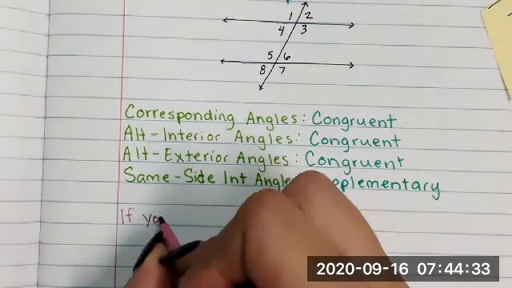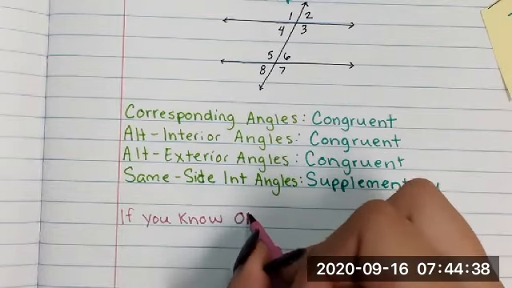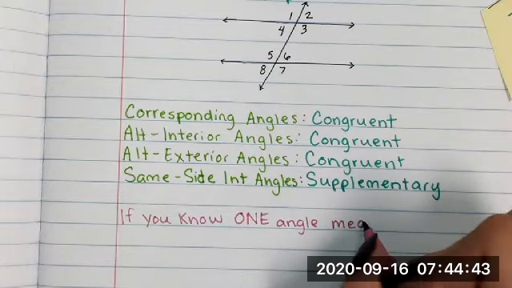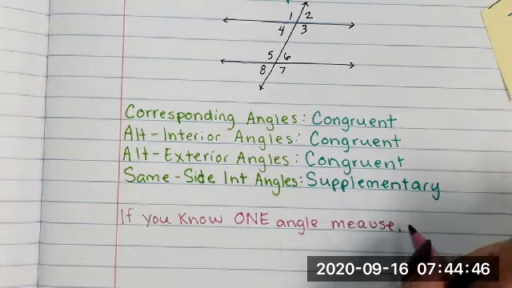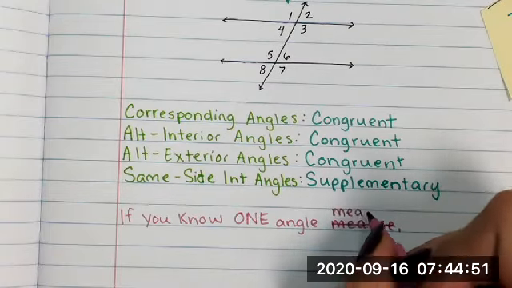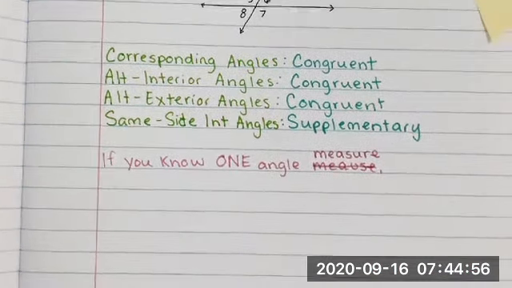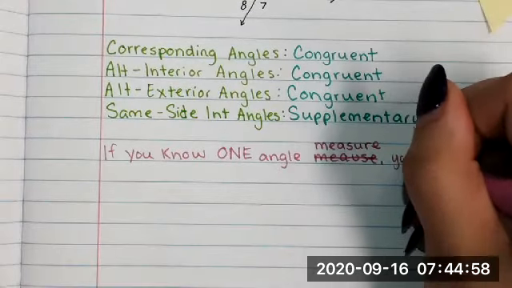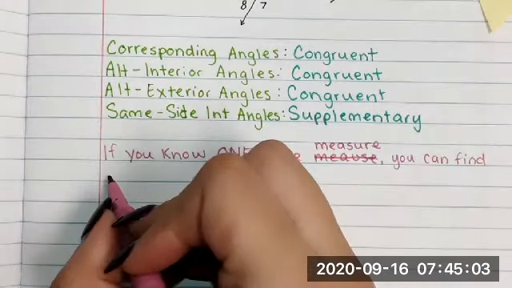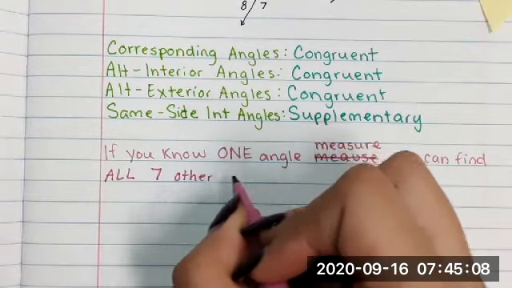If you know one angle measure, you can find all 7 other measures.